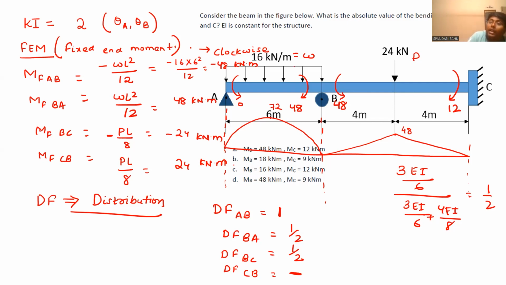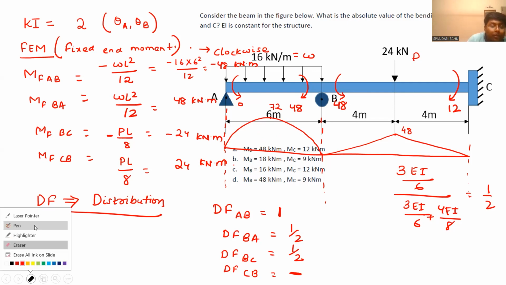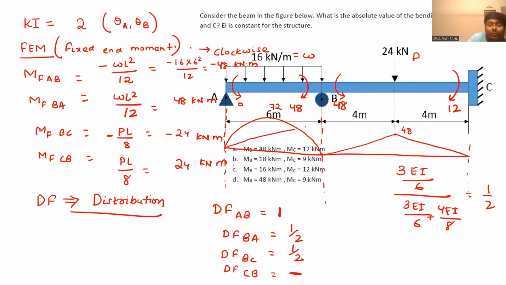This 48 tries to hog the beam, so minus 48, and try to superimpose on the positive side only. So minus 48 will be somewhat below.